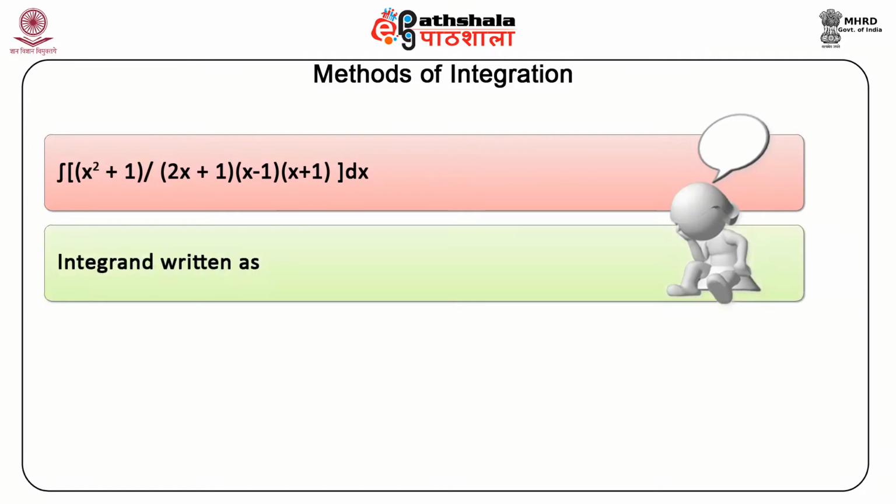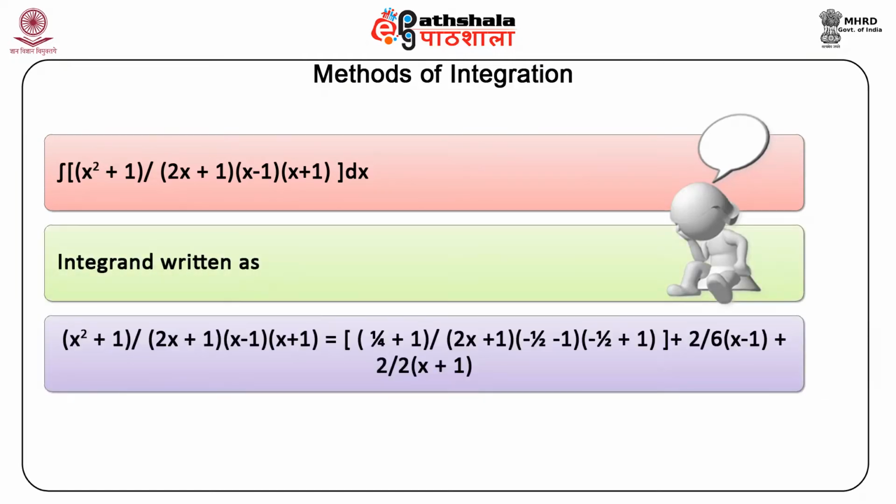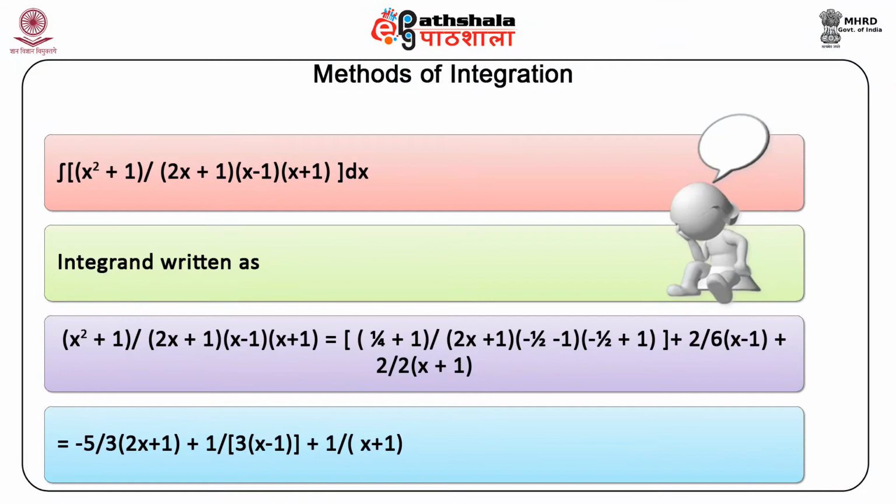The integrand can be written as x squared plus 1 divided by (2x plus 1) into (x minus 1) into (x plus 1), which is equal to 1/4 plus 1 divided by 2x plus 1 into minus half minus 1 into minus half plus 1, plus 2 divided by 6 into (x minus 1), plus 2 divided by 2 into (x plus 1), which is equal to minus 5 divided by 3 bracket open 2x plus 1 bracket close plus 1 divided by 3(x minus 1) plus 1 divided by (x plus 1).